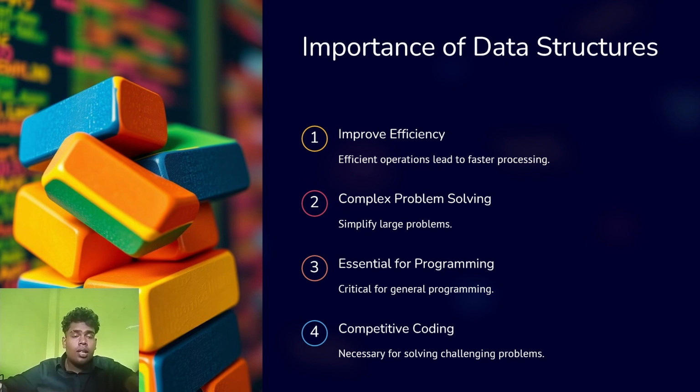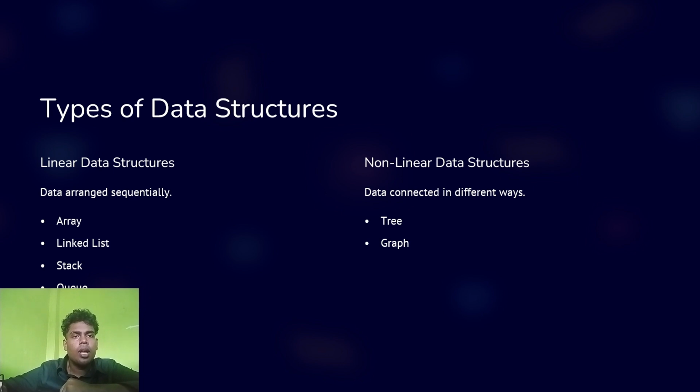Okay, we will see the types of data structures. There are mainly two types of data structures. They are linear data structures and non-linear data structures. What is the meaning of linear and non-linear data structures? Linear data structures means data stored in a sequence.